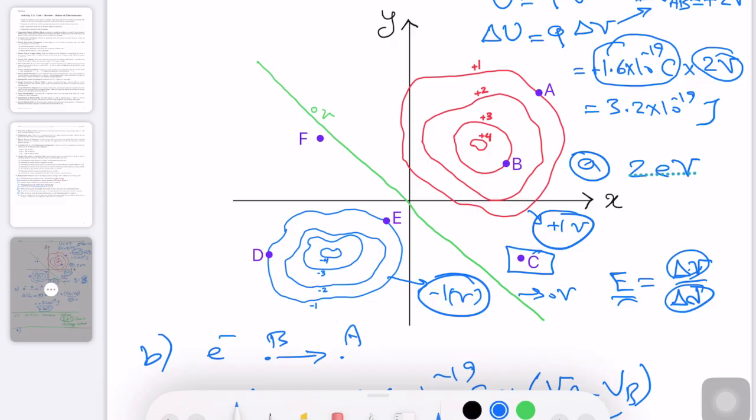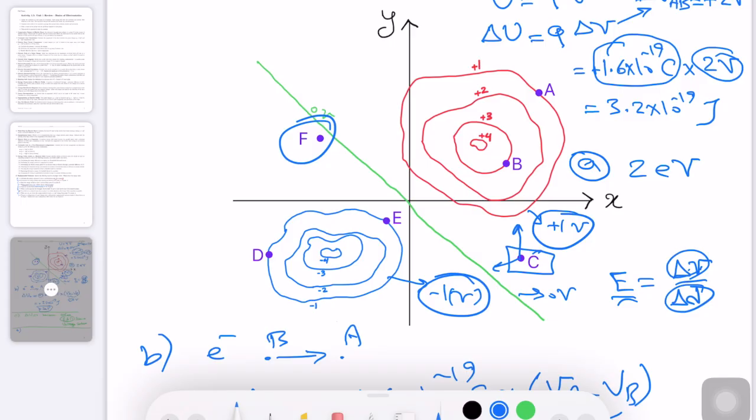So point C, being furthest from the contours, you see here you have the furthest distance between the two contours, and given their values, point C must have the lowest field, and then point F. Well, actually, I'm not going to rank these because this is very qualitative.